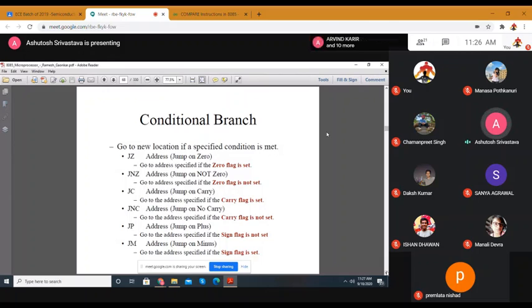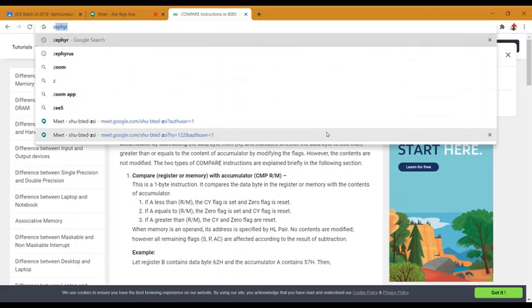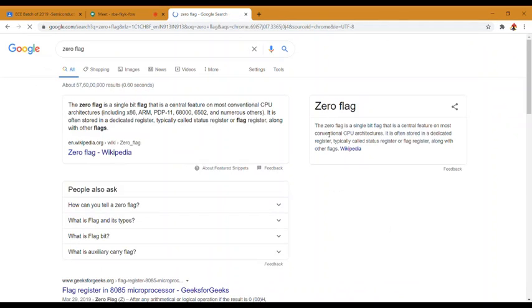The JZ is basically going to an address when the flag 0 is set, when your flag 0 is set.